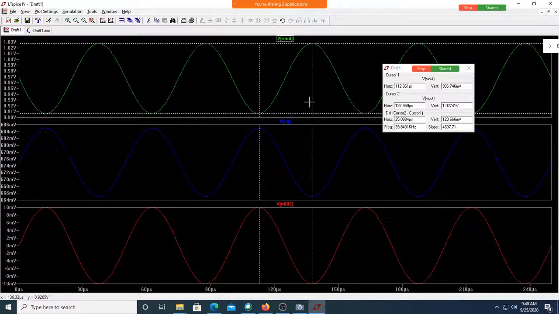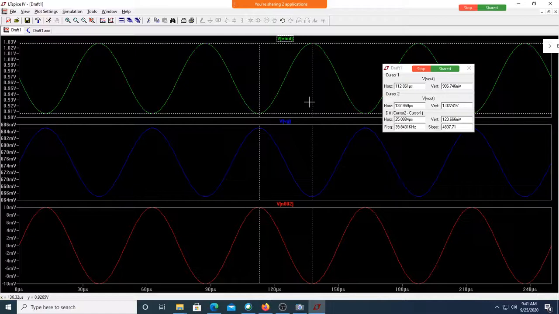Is the gain now 6 or minus 6? Minus 6 only. How do you say it is minus 6? Sir, it lags. It is out of phase. How do you say it is 6? Sir, it is in phase. No. How do you say the magnitude of the gain is 6?